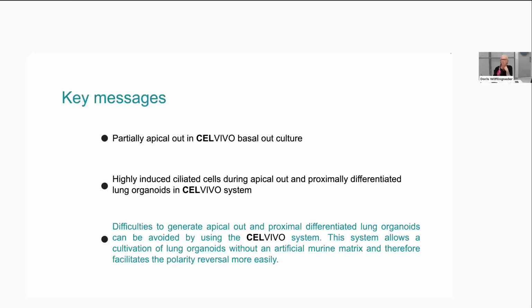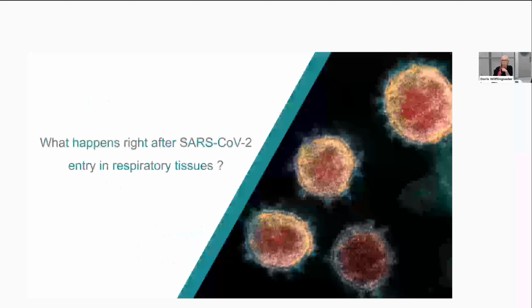We asked several questions over the last years, in particular in the first phase of COVID-19, where we got the first isolates of COVID-19 patients who were in the clinics. We wondered in the very beginning, where nothing was known, what is really happening at the barrier sites, what happens right after SARS-CoV-2 entry in respiratory tissues.